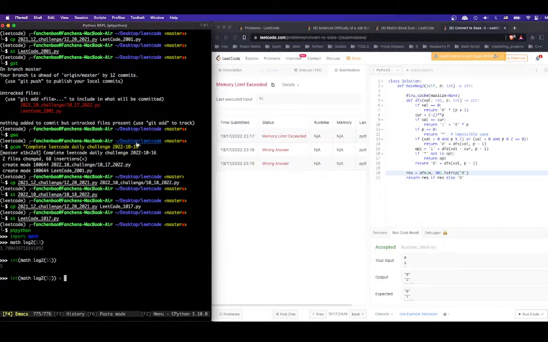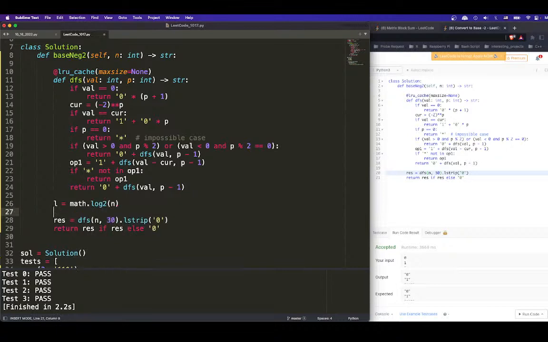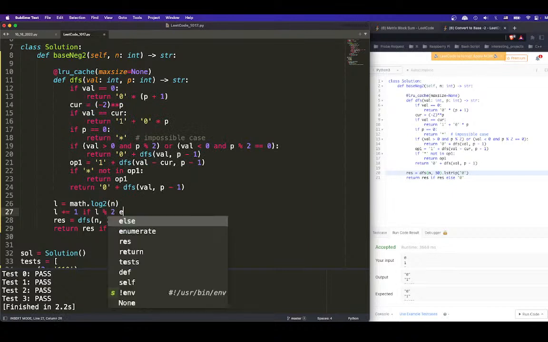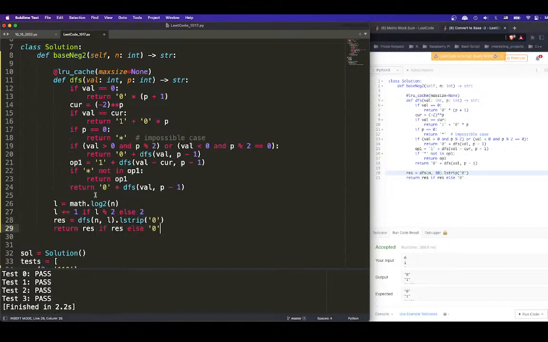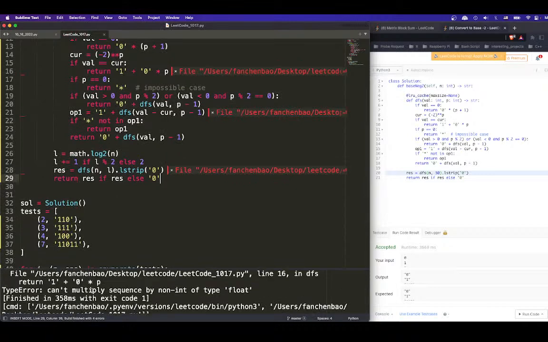So I think this is what we can do. We can say, let's say L equal to math.log 2 n, right? And L plus equal to 1 if L this, else 2. Then we'll start with L. I forgot to int it.